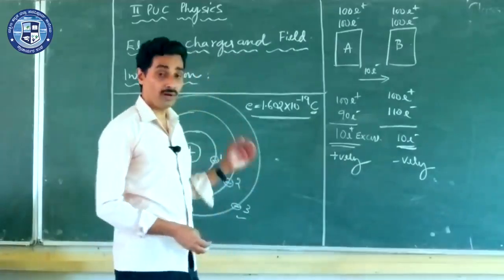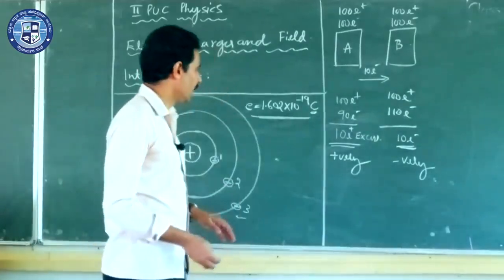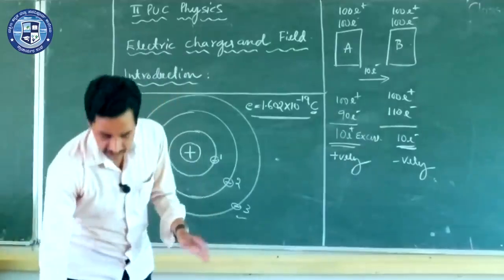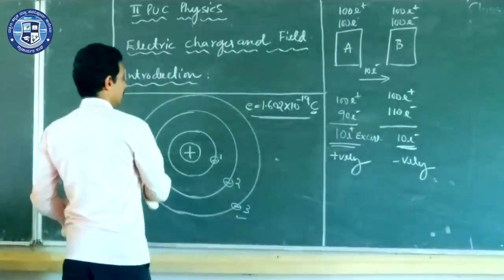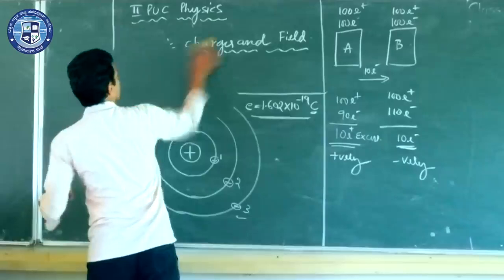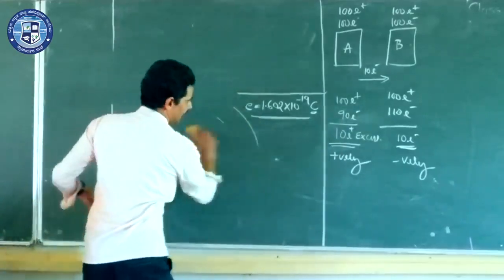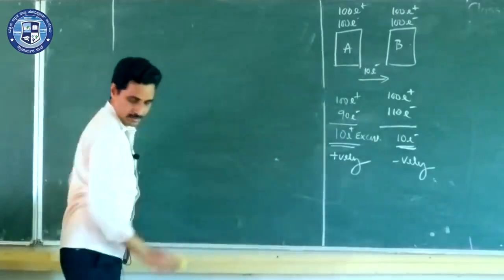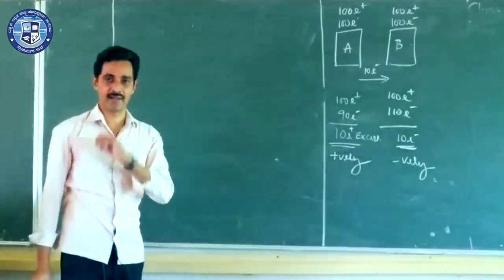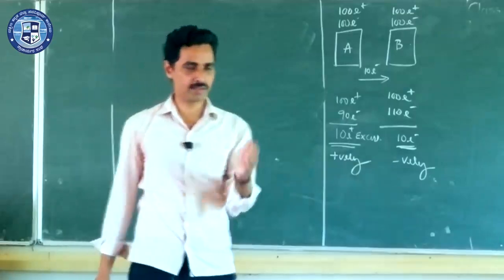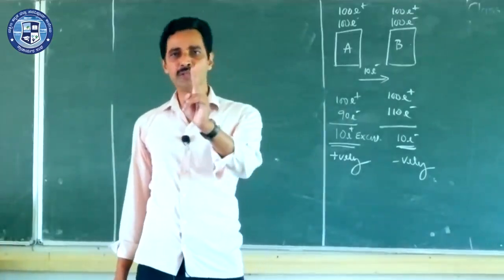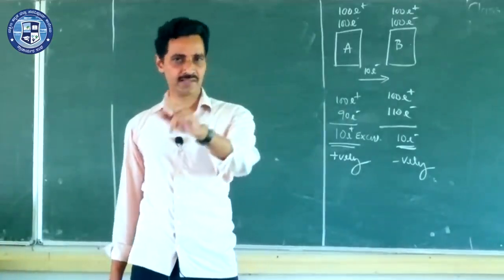So if you go on writing the properties of charges, you can easily write it like this. I will cover the properties of charges one by one. So you have found that positive and negative charges attract. And Benjamin Franklin named them, saying there should be two kinds of charges. One is named positive, another is negative.